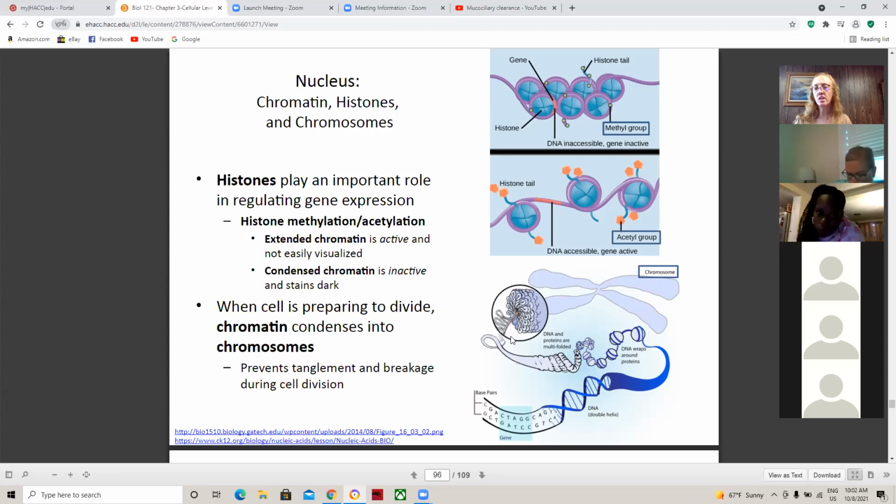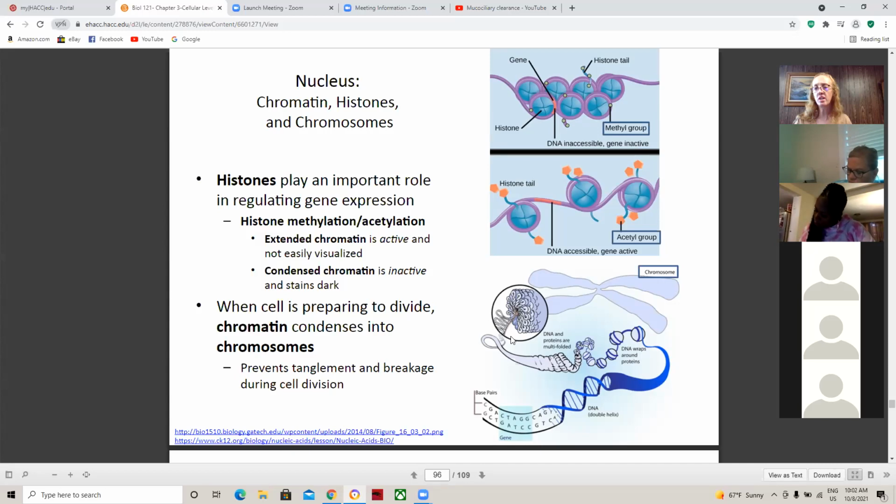When the histones are methylated, meaning you add a methyl group to them, that gene is silent. So that means that gene will not be expressed within that cell at that time. One of the main functions of the methyl group in general in biology is its role in DNA expression and gene expression.